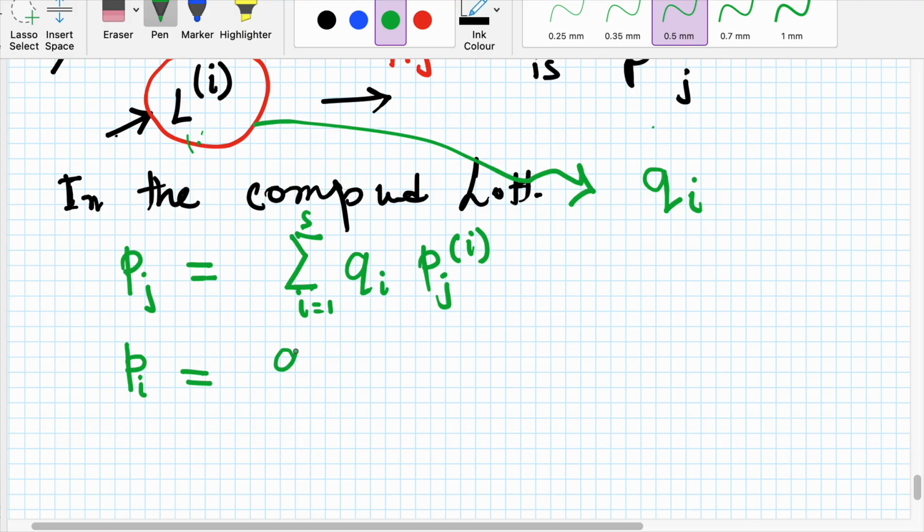What will be the PI? PI is nothing but Q1 into PI1, the probability in the compound lottery that the L1 lottery will win, into the probability in the L1 lottery that A1 will win, and similarly Q2.